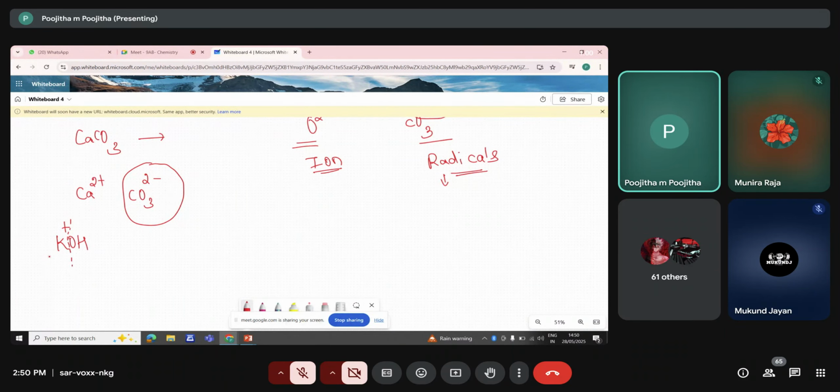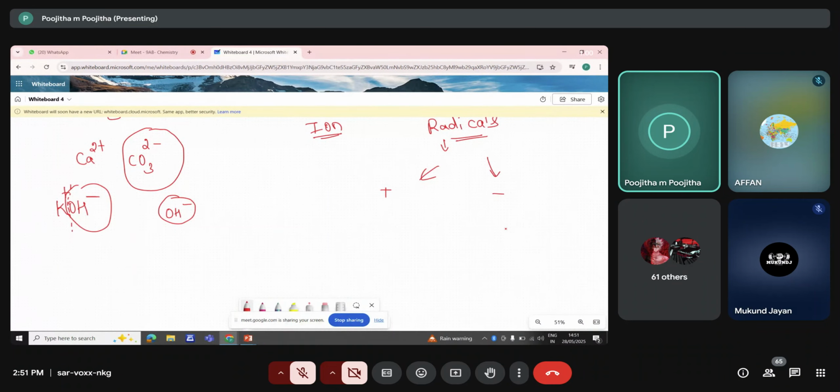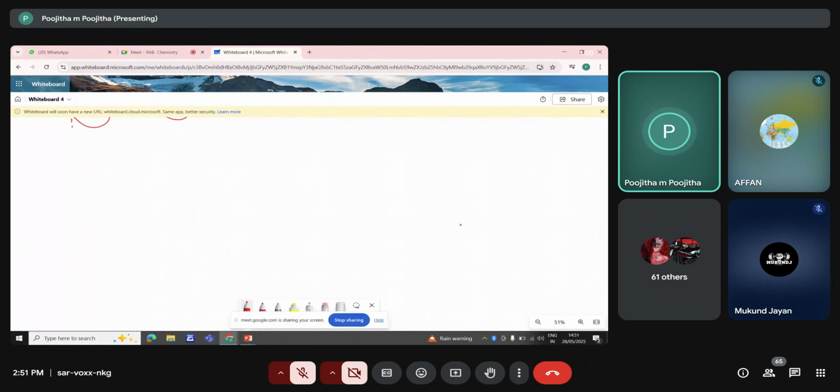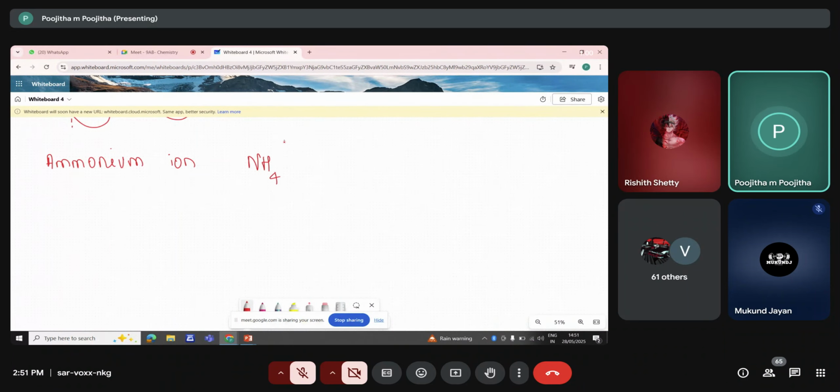So even radicals can be of two types, correct? Radicals containing positive charge are positive radicals, radicals having negative charge are negative radicals. We don't say ion now, positive radical, negative radical. In your syllabus last year you learned only one positive radical. Can you recall which is that? Ammonium. NH4 plus. So the ammonium ion is nothing but NH4 plus.